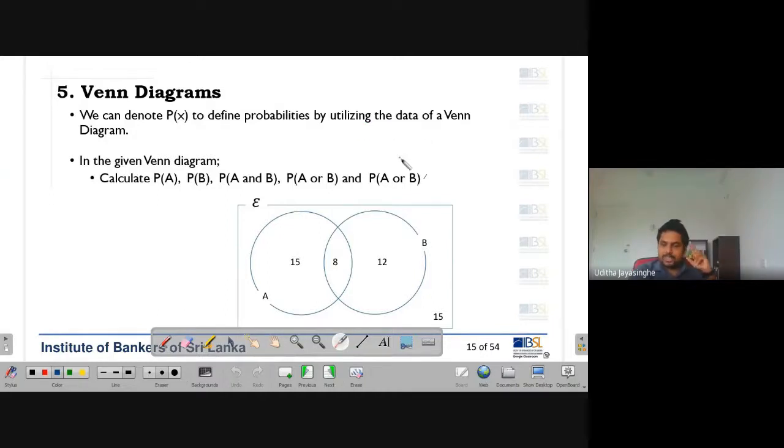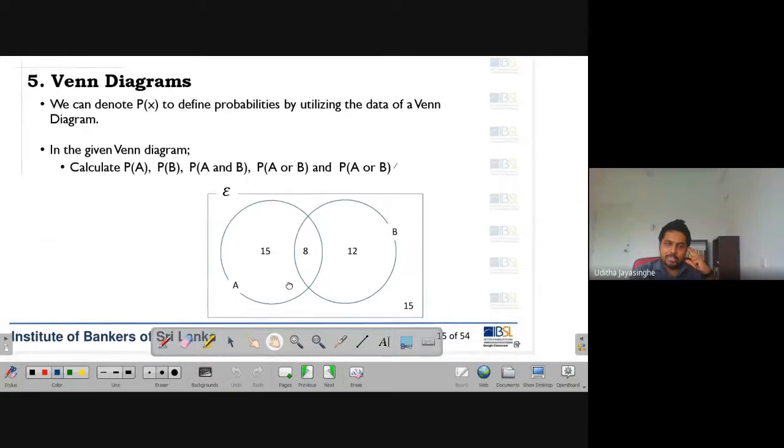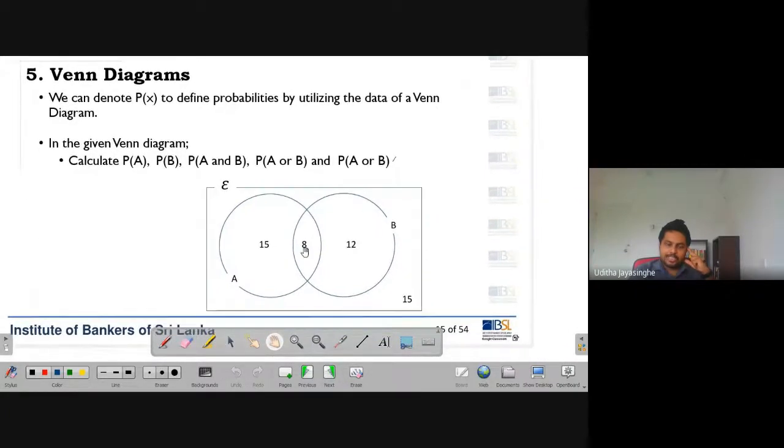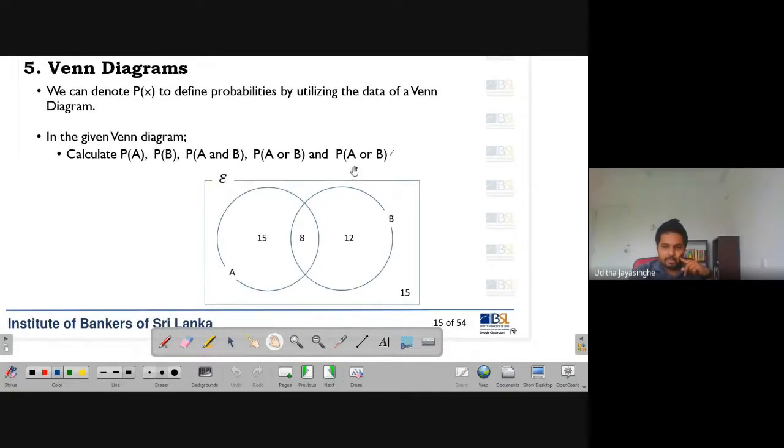Inevitably, that's what we did in the previous television-radio case. Since we are a bit familiar with the numbers now, try to calculate these values: P(A), P(B), P(A∩B), P(A∪B), and P(A∪B)'. Let's try to get some numbers here.